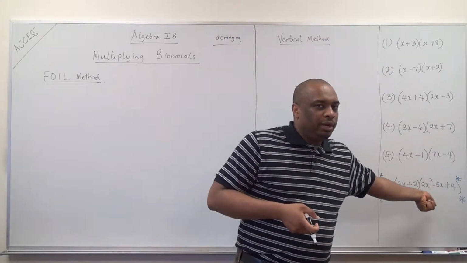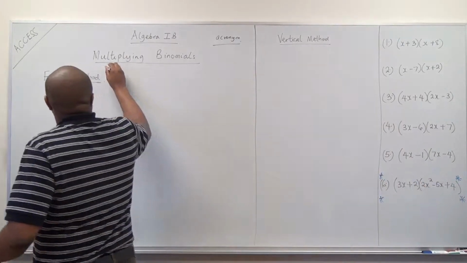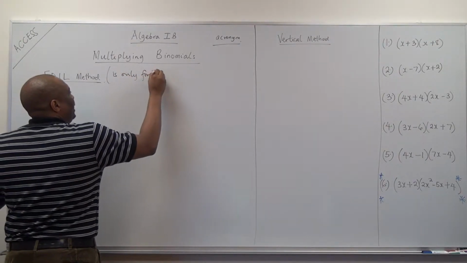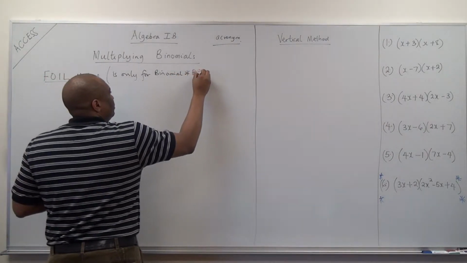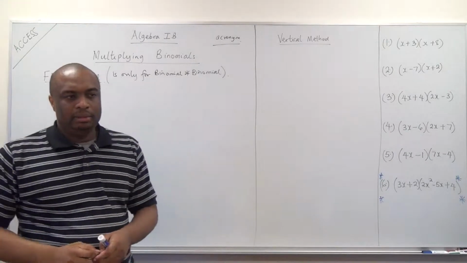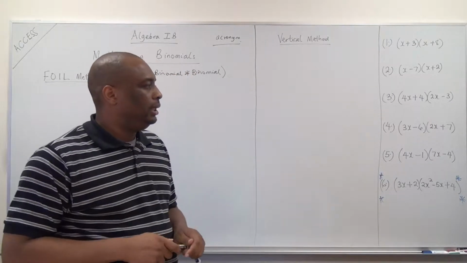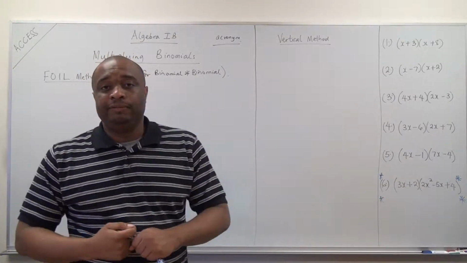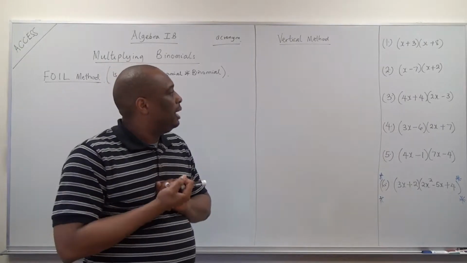So the FOIL method is only for binomial times binomial. That's kind of the only disadvantage about it. But for binomials it's very good, very, very good. We're going to look at it, then we'll look at the vertical method.